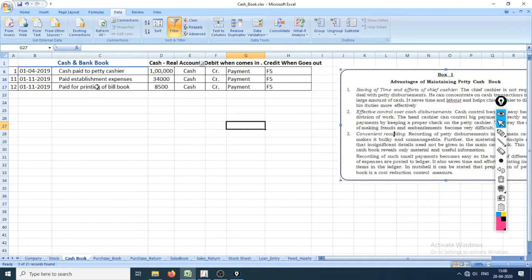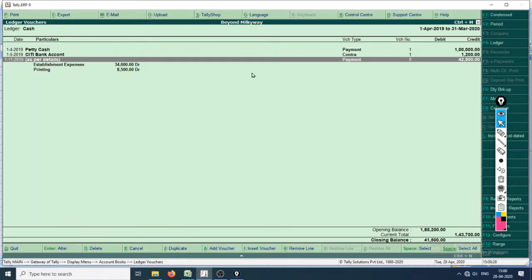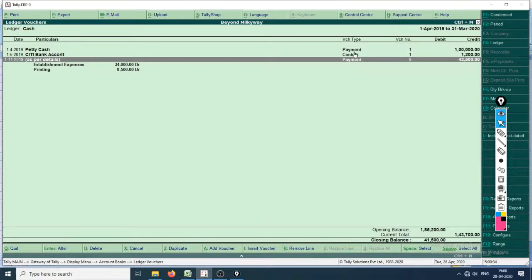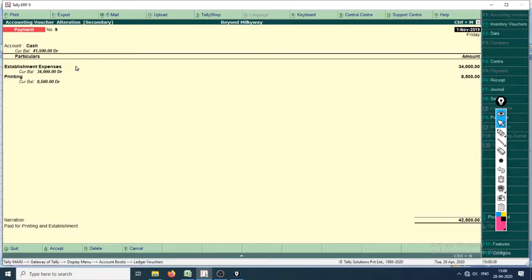Okay, so three entries of cash, that is payment, payment, payment. These two entries are together as we have entered them together. You can open them and check them out.